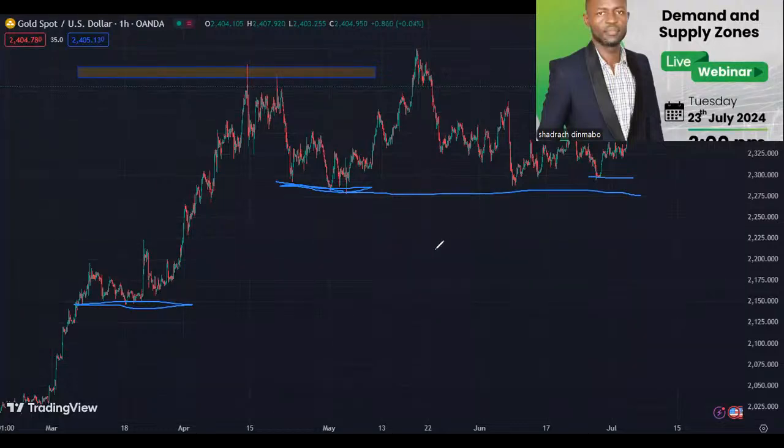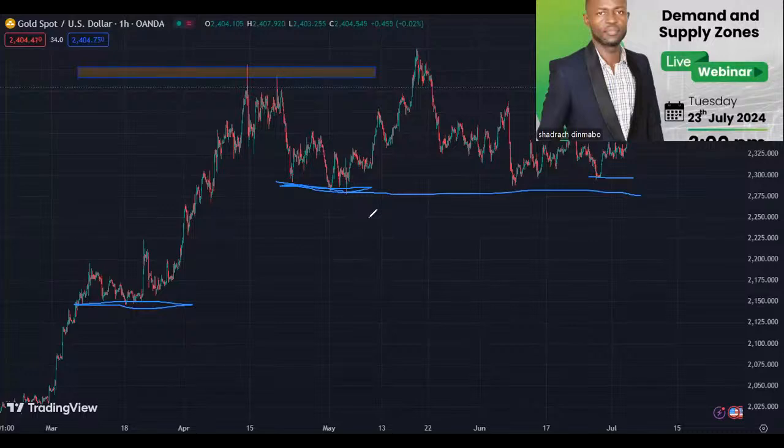If you look at it in your normal concept of support and resistance, you will say these are support levels. Support levels, support levels. But there is a concept, demand and supply zones, that carries a much deeper concept than just support and resistance zones.